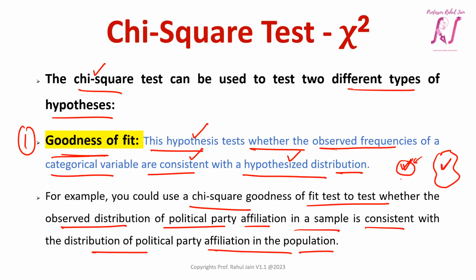Because a sample is a small size of data and the population is a large size, or universe size, of data, right? Whatever consistency we see in the sample should be consistent with the large size. So goodness of fit can be tested with the help of the chi-square test.